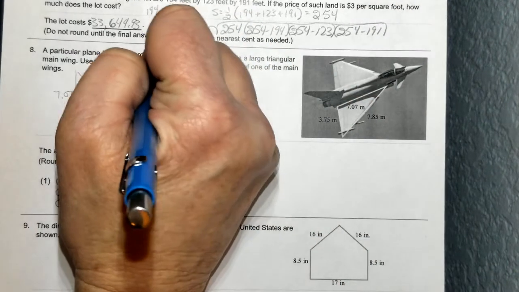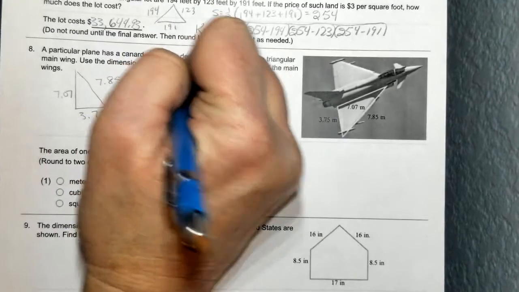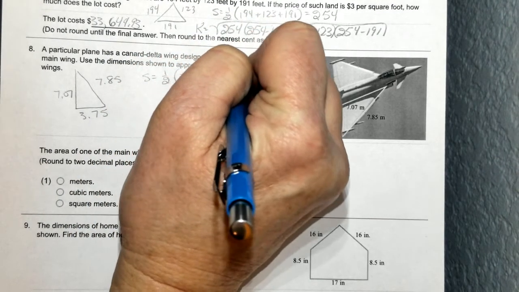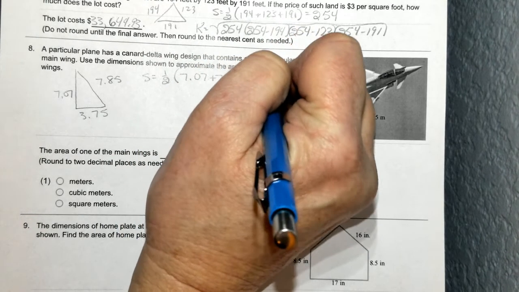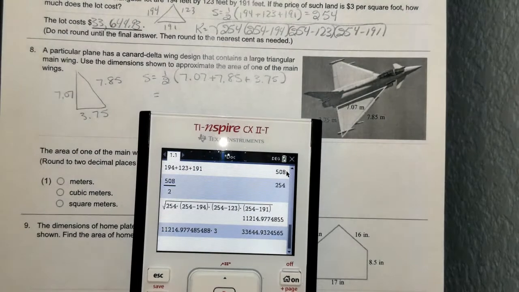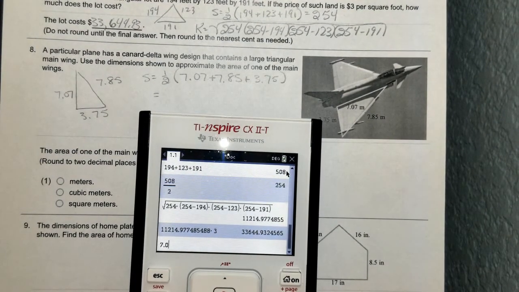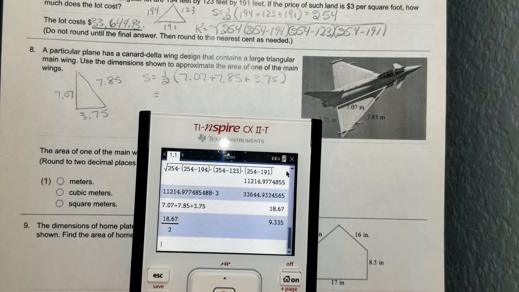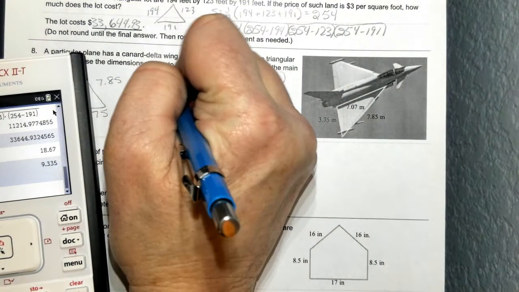So we're going to find S equals 1/2 of 7.07 plus 7.85 plus 3.75. And that equals 7.07 plus 7.85 plus 3.75 divided by 2, and I get S is 9.335.